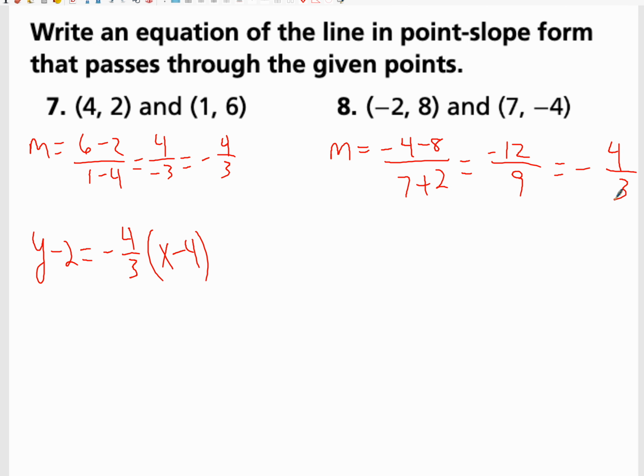Negative 4 over 3, same slope as the last one. So y minus 8 equals negative 4/3 times x plus 2.